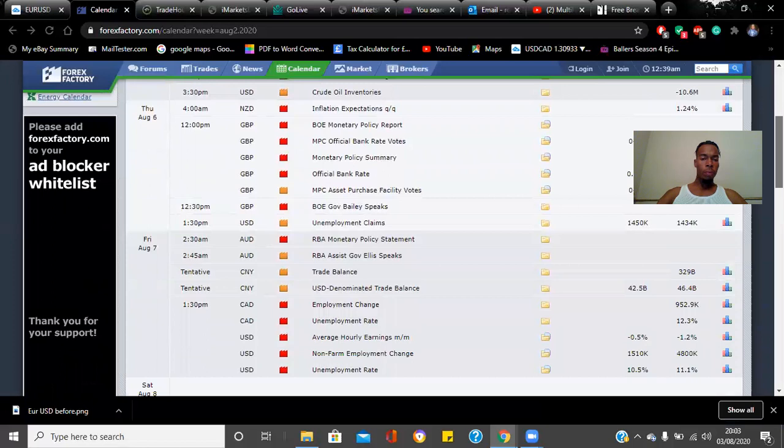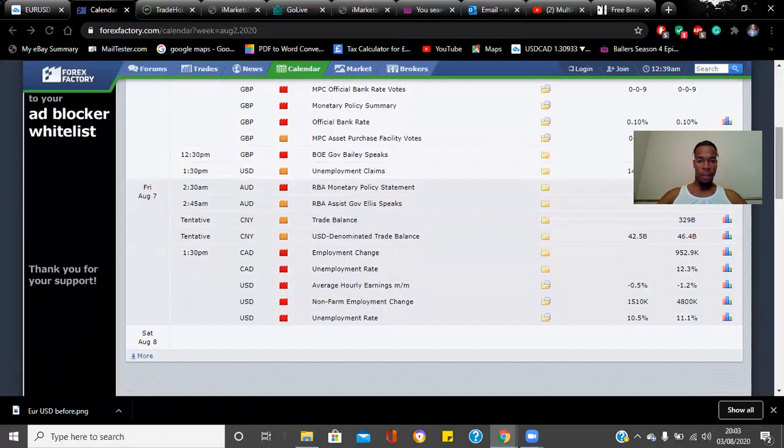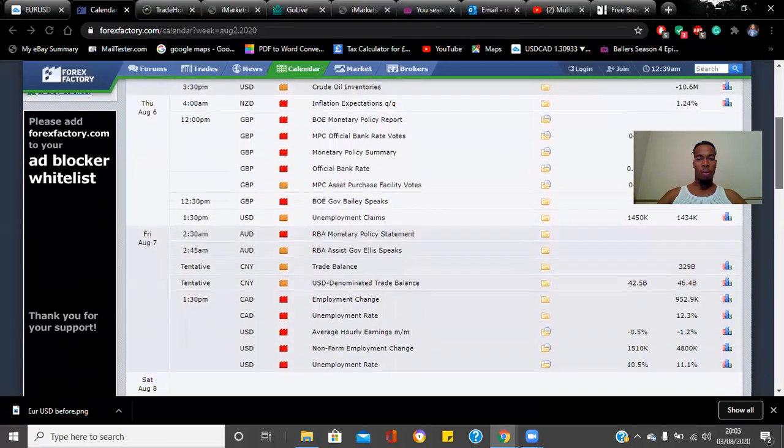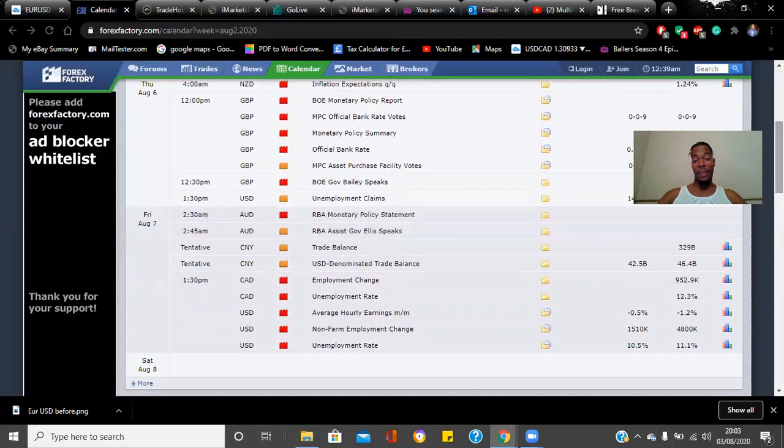With regards to the first week of every month, it is NFP, non-farm payrolls. NFP means that there's going to be a lot of news, basically. That's the best way to put it. There's going to be a lot of news, and it's to do with inflation rates, unemployment, things to do with the economy, but it does make the market quite volatile.